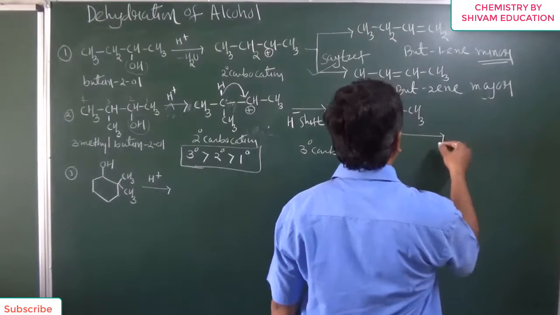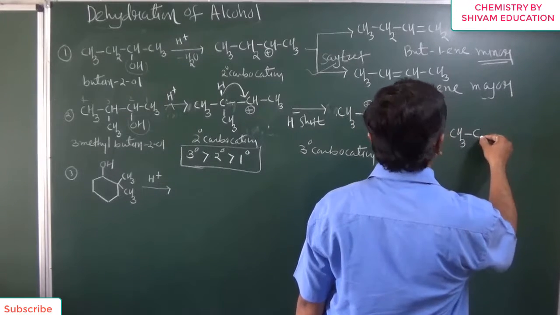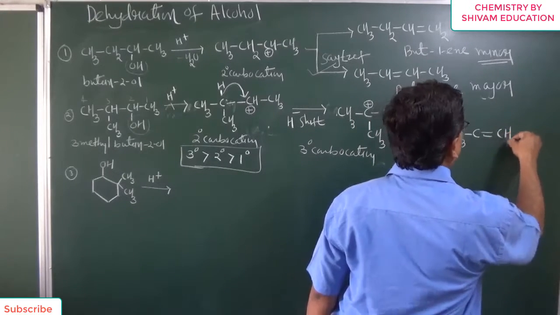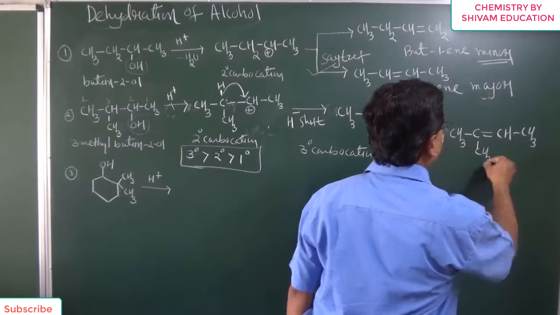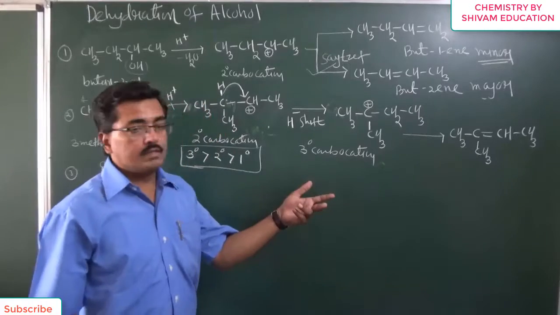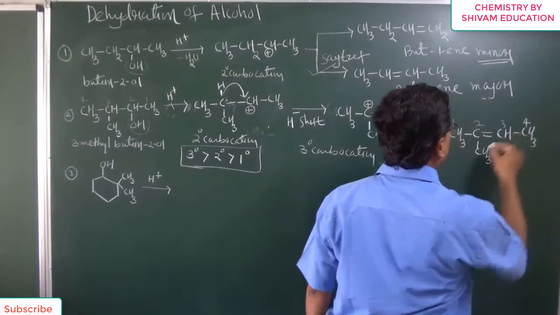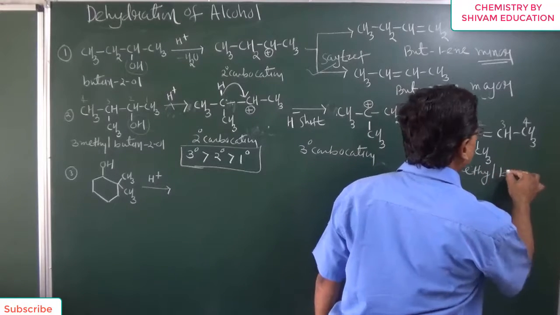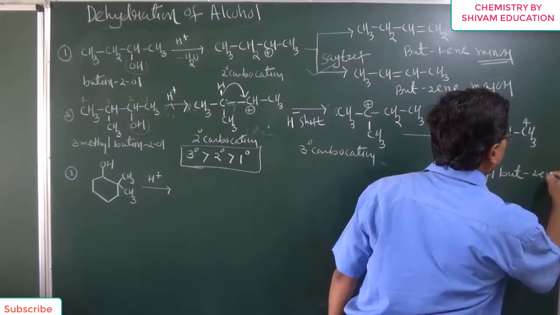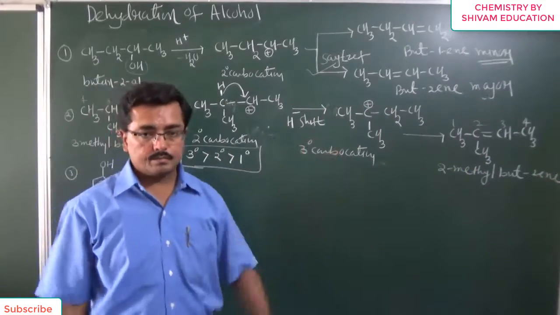As a result we get this structure CH3 C double bond CH CH3 here and here CH3. So we have obtained this product which is known as 2-methylbut-2-ene.